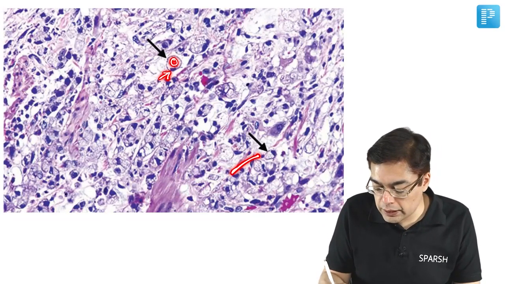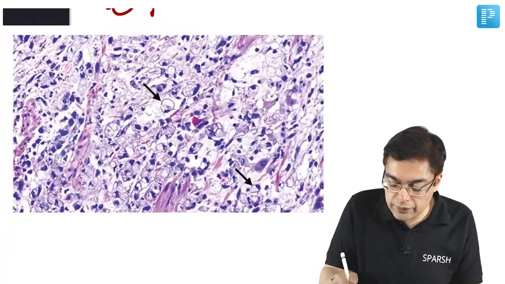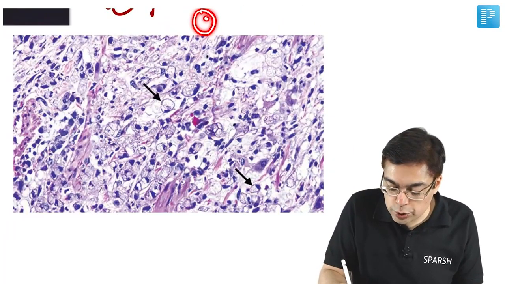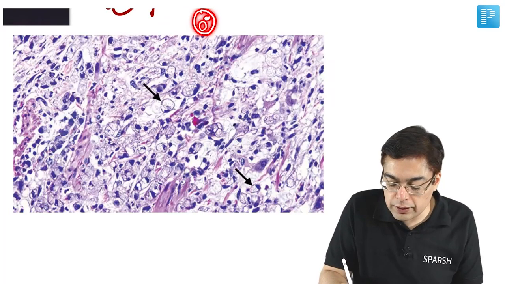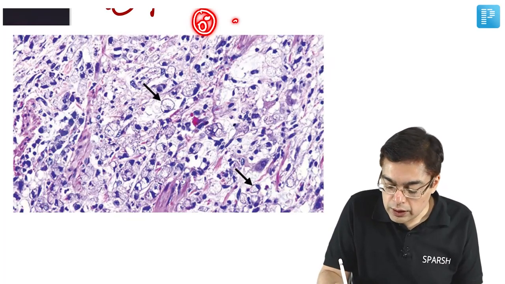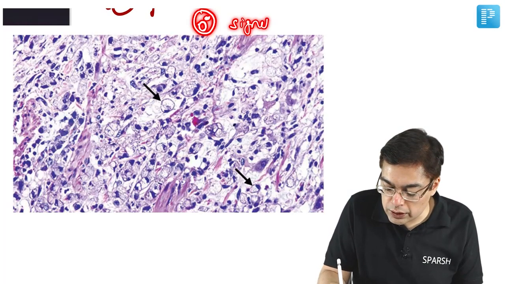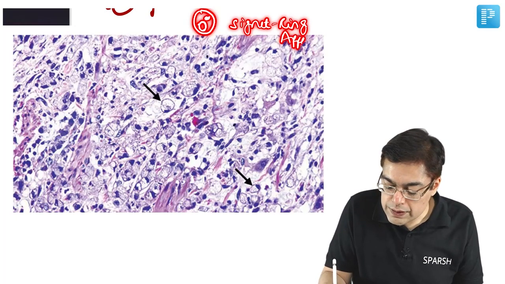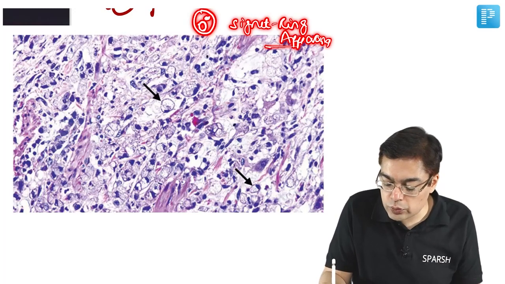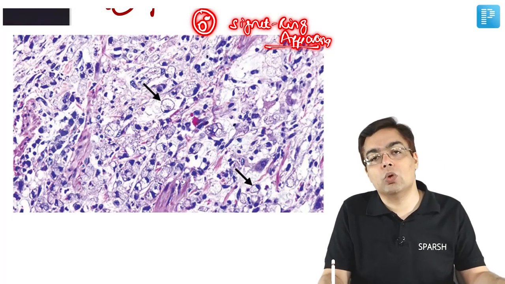I hope most of you can make that out quite clearly, that when we have cells in which the nucleus is pushed towards the periphery because of the presence of a mucinous vacuole, this is associated with the term signet ring appearance.